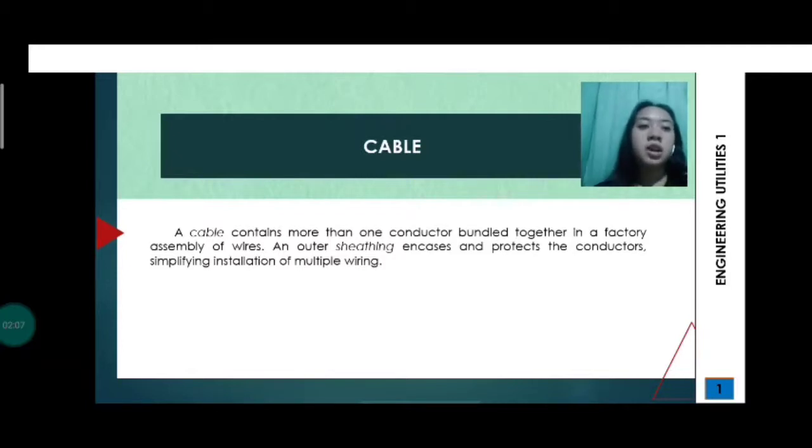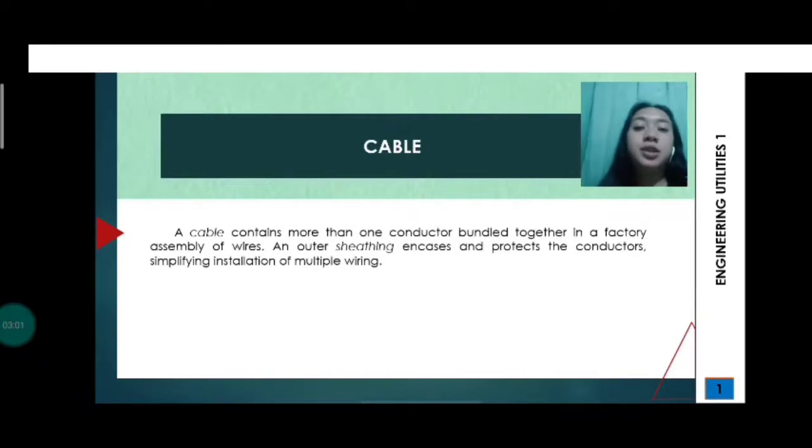An outer sheeting encases and protects the conductors, simplifying installation of multiple wirings. So the meaning itself, a cable is a bundle of different kinds of wires that has a coating to protect the conductor inside from any corrosion.